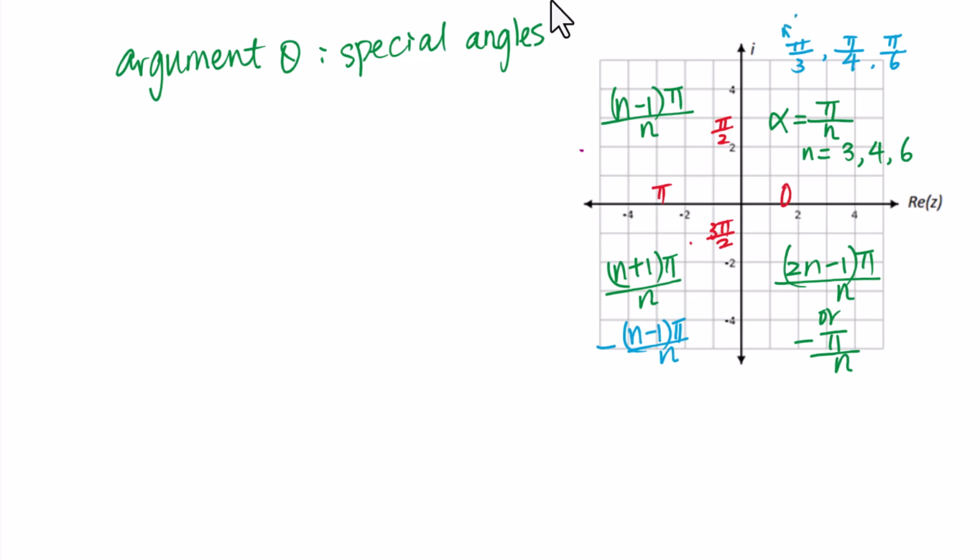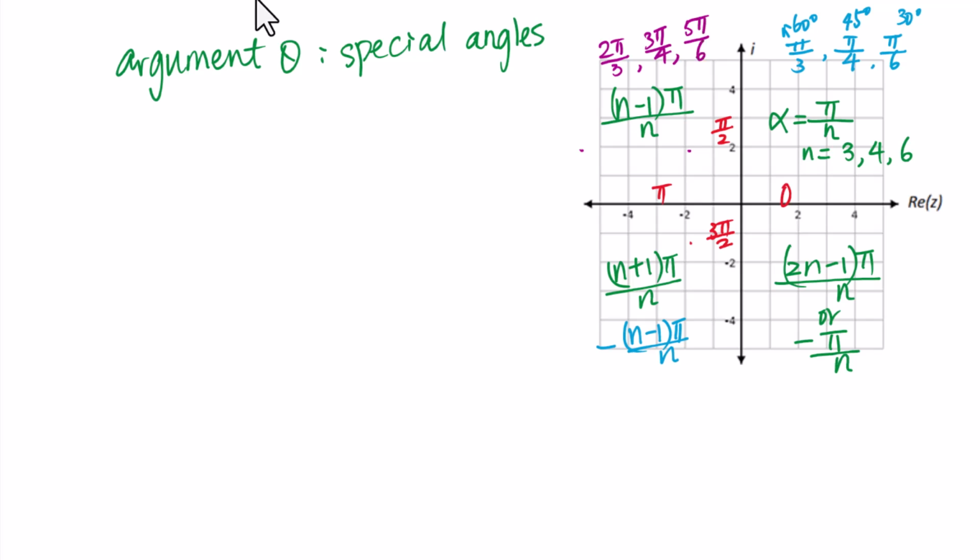This is 60 degree, 45 degree, 30 degree. For the second quadrant, n minus 1 pi over n. So we have 2 pi over 3, 3 pi over 4, and 5 pi over 6.